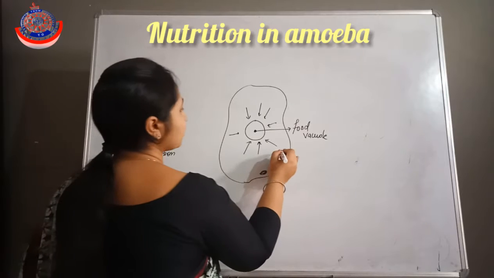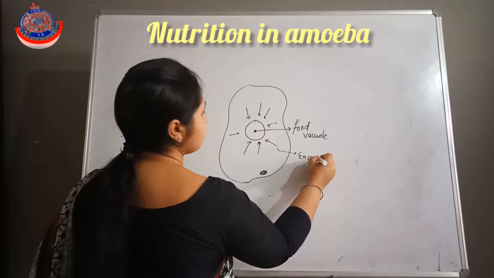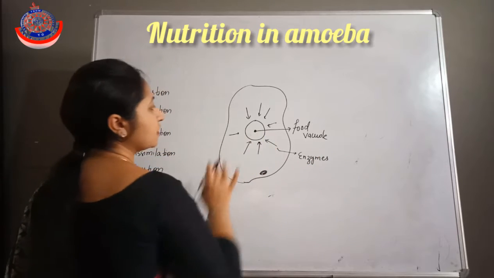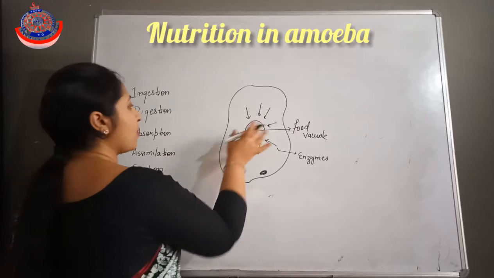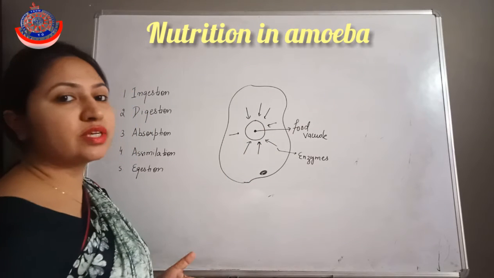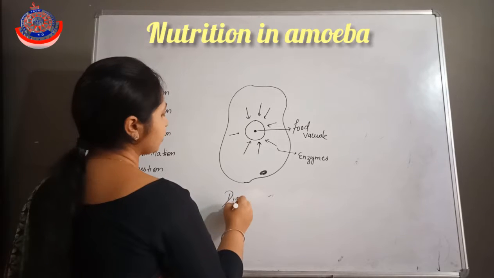These arrows represent the enzymes which enter the food vacuole, and then break down the complex food molecules into simpler ones, and this process is known as digestion.